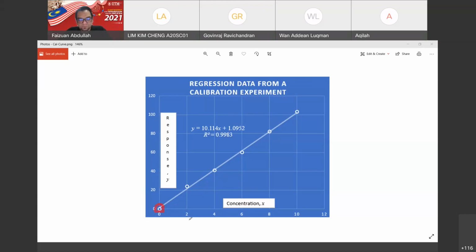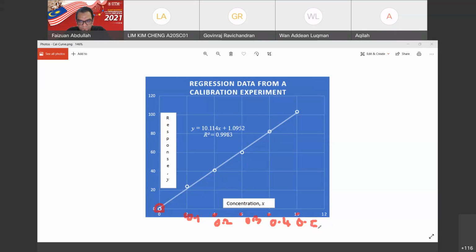We will detect 0. After that, we put, let's say, here is 0.1, 0.2, 0.3, 0.4 and 0.5.